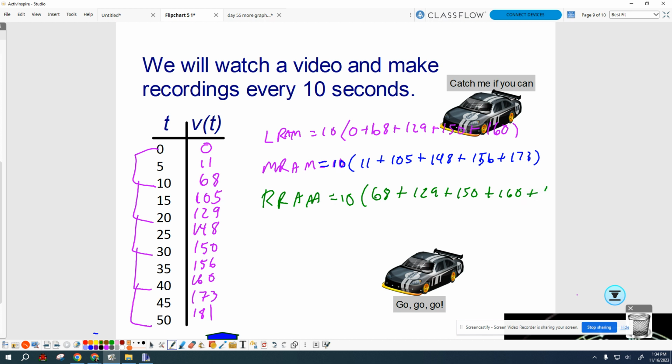Do you get 6,600? Do you get 880? How many seconds an hour? Anyone get numbers? We have 5,700 for 5,000 seconds.